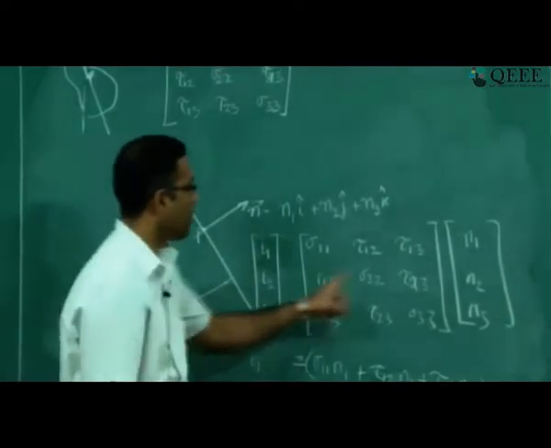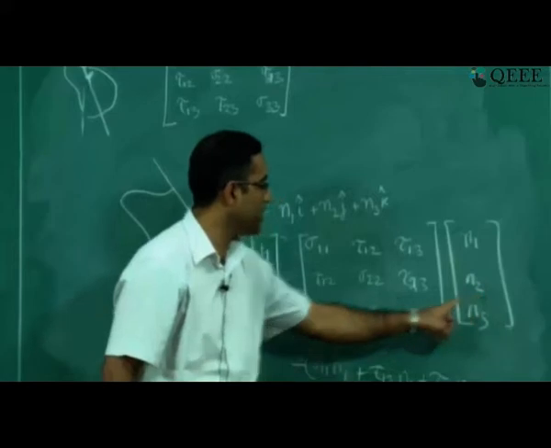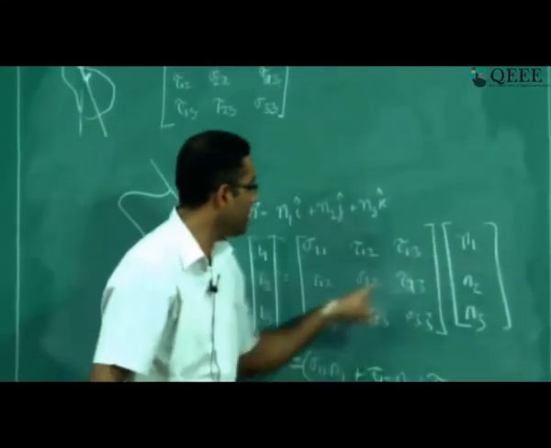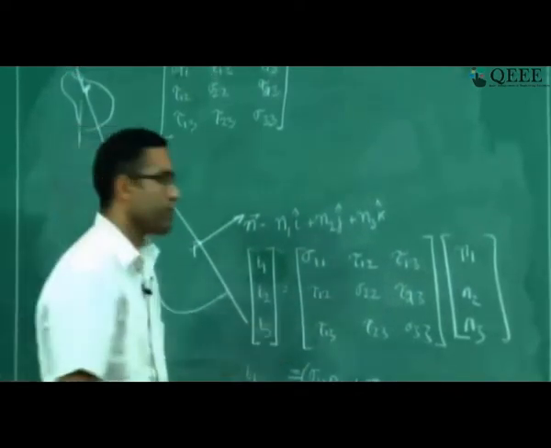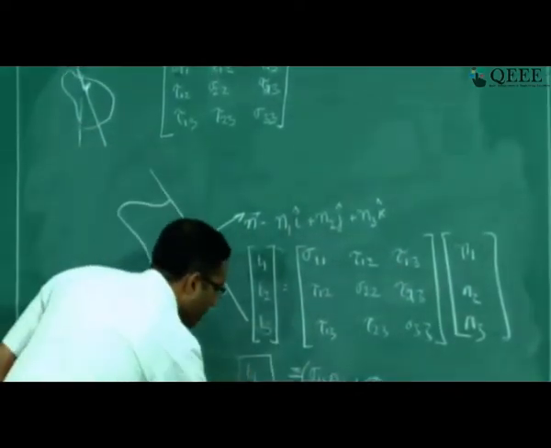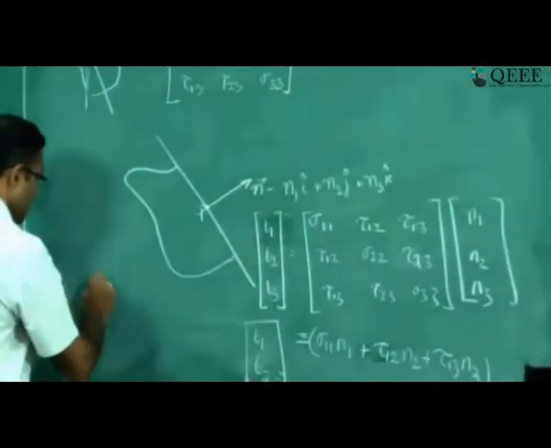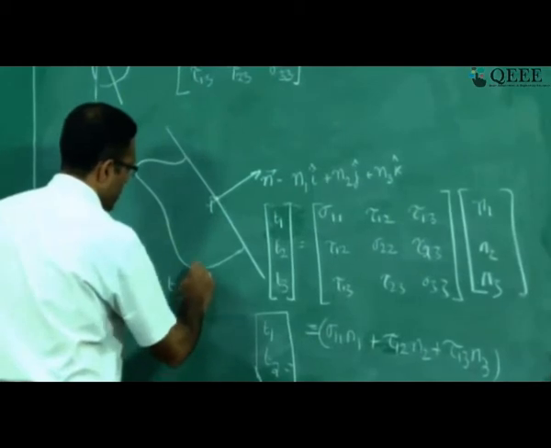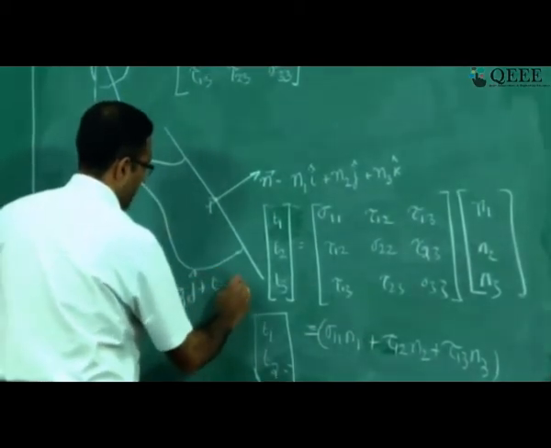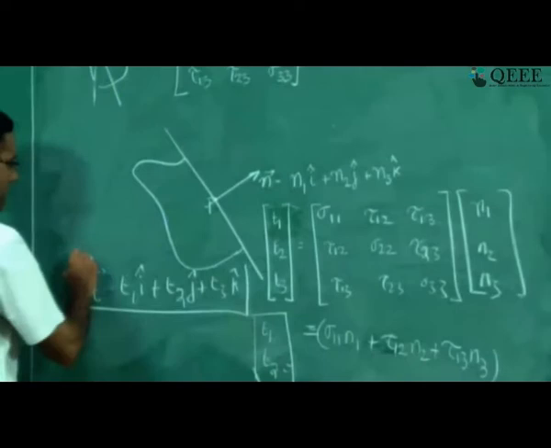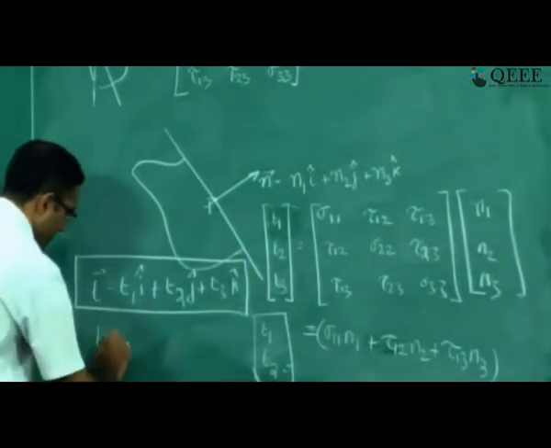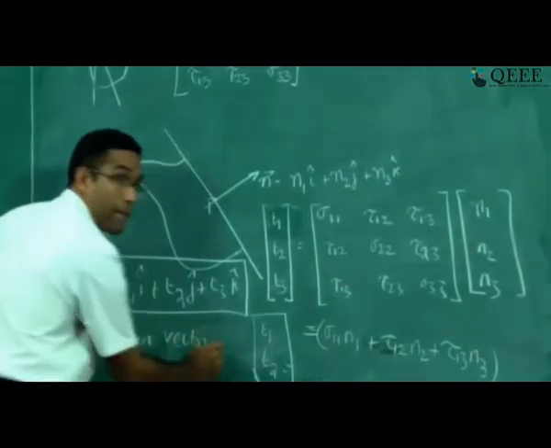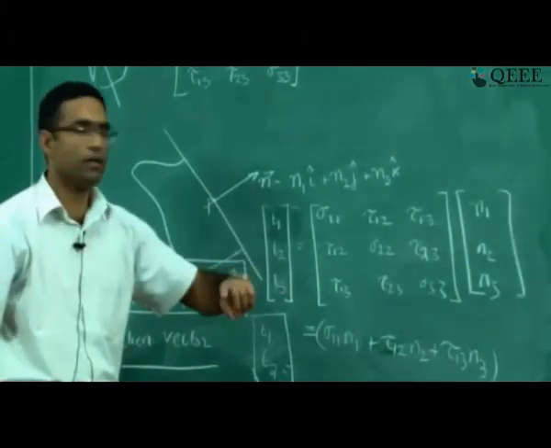T2 will be tau 12 times n1, sigma 22 times n2, tau 23 times n3, pointing in the j direction, and T3 will be similarly pointing in the k direction. So this set of components are nothing but the components of what is referred to as the traction vector. It's called traction. It should be clear.